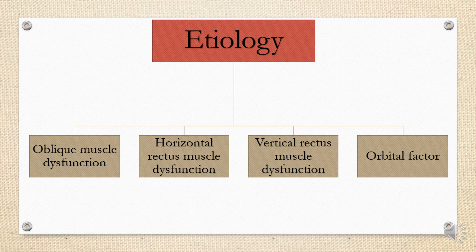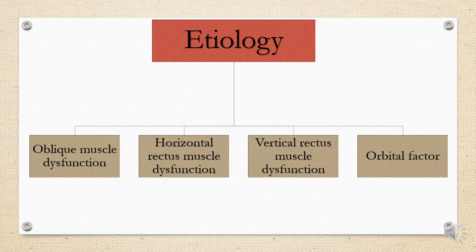So in A eso it will be the underacting lateral, in A exo it will be the underacting medial. Okay, so V is always overacting, A is always underacting. V esotropia will be overacting medial recti, and V exotropia is overacting lateral recti. These are some of the synonyms which are generally used.